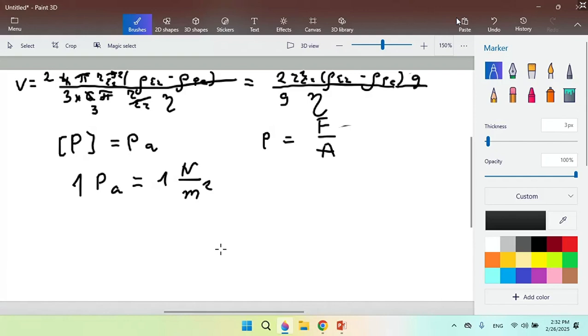And another important equation in fluid dynamics is called the continuity equation. What does it show? It says that the product of cross-sectional area and flow velocity is constant.